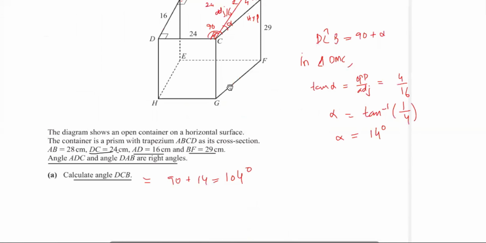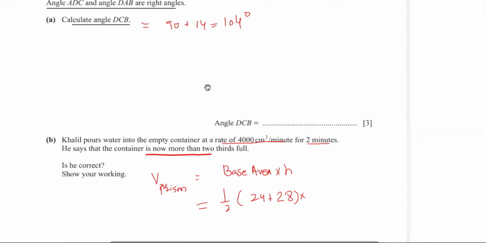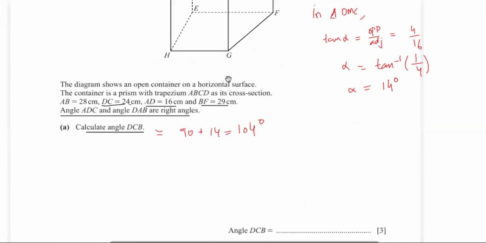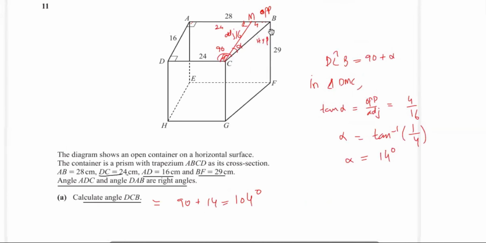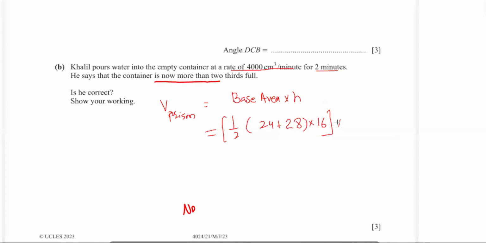The distance between DC and AB is 16 centimeters. And the height of the prism, BF, is 29. We write here 29 is the height of the prism.